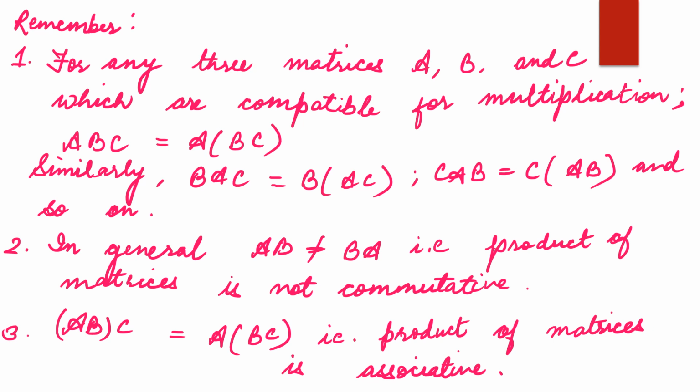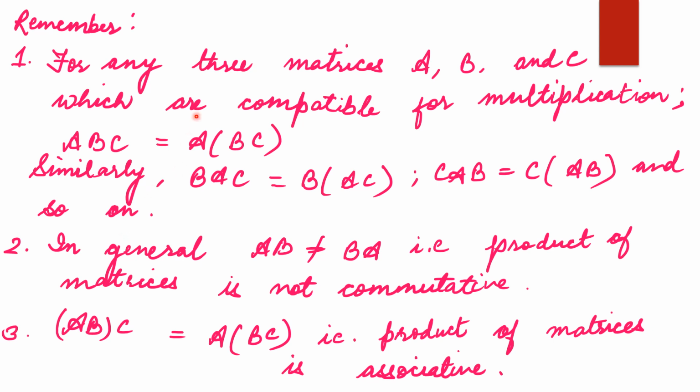For any three matrices A, B and C which are compatible for multiplication, ABC is equal to A into BC. Similarly, BAC is equal to B into AC, and CAB is equal to C into AB, and so on.